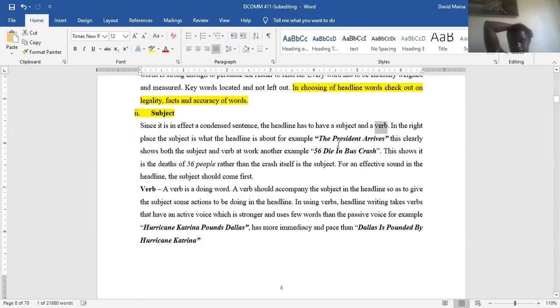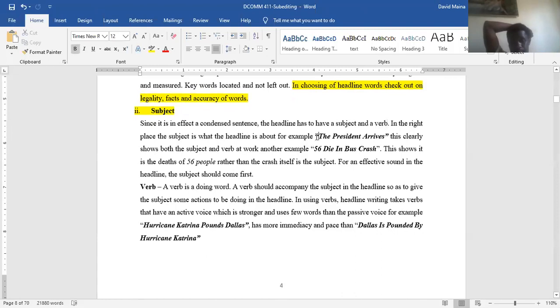Like for example, we have been given an example here. The president arrives. So the president becomes what? The subject. Arrives becomes the verb. As simple as that. Always make sure that when you are writing a headline, it has a subject.